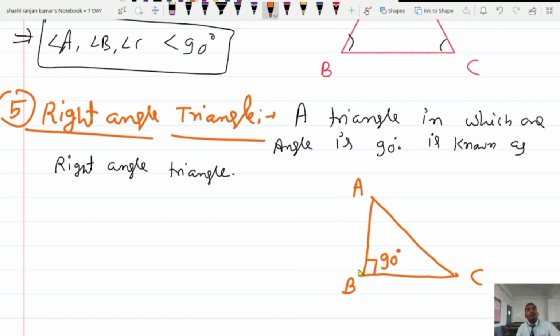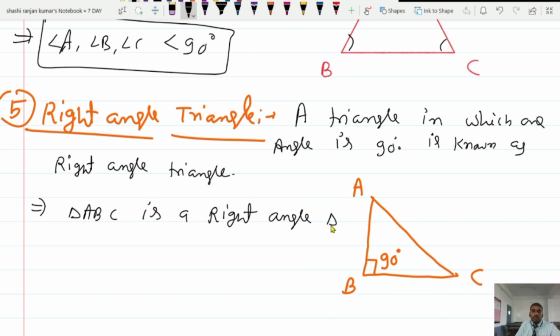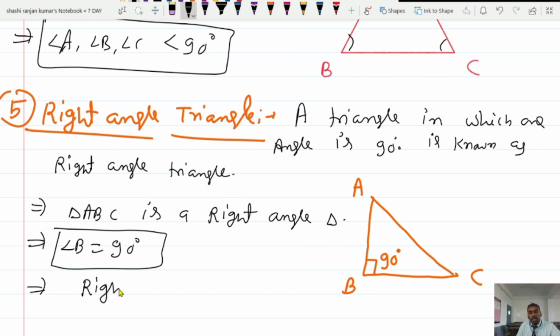So triangle ABC is a right angle triangle. One angle will be 90 degrees. Here we have taken angle B equal to 90 degrees. It means it is right angle at point B.